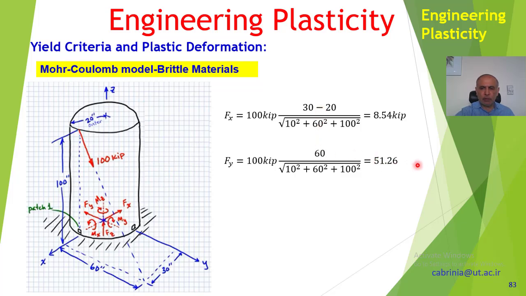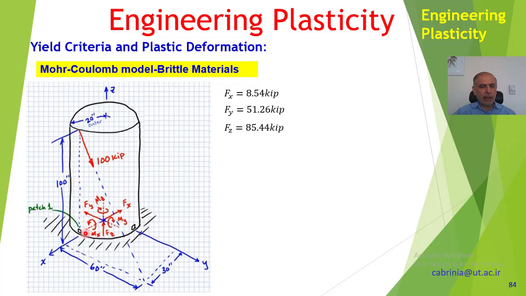So that's 51.26 kip, and that is 85.44 kip. In this way we have found the components of this force along the x, y, z directions.